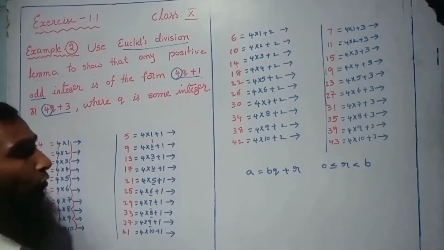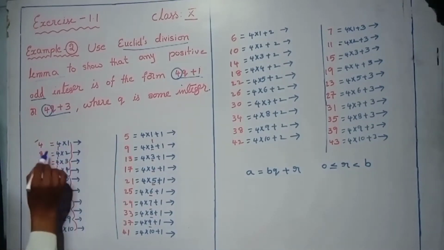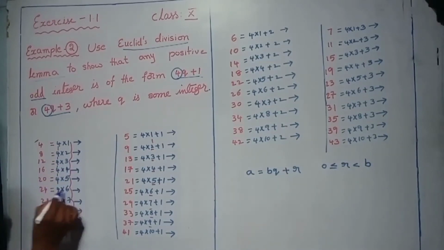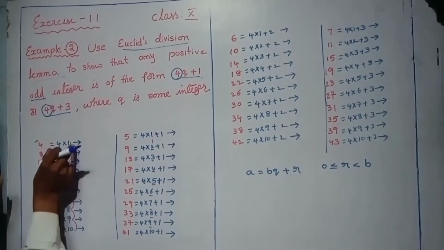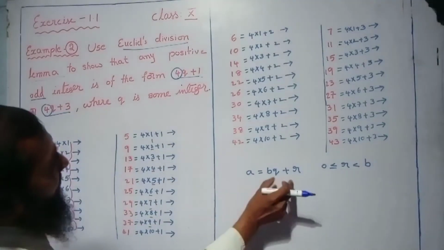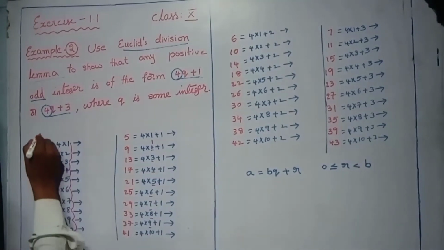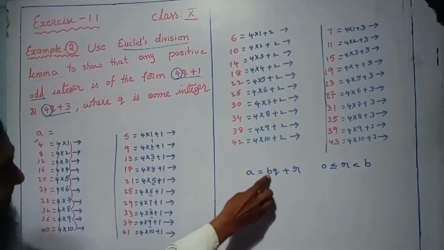See here, in the 4 table: 4 1 is 4, 4 2 is 8, 4 3 is 12, 4 4 is 16, 4 5 is 20, 4 6 is 24. Like this is the 4 table. In this 4 table, I am going to write it like the Euclid division lemma. So 4 means a, and also b.